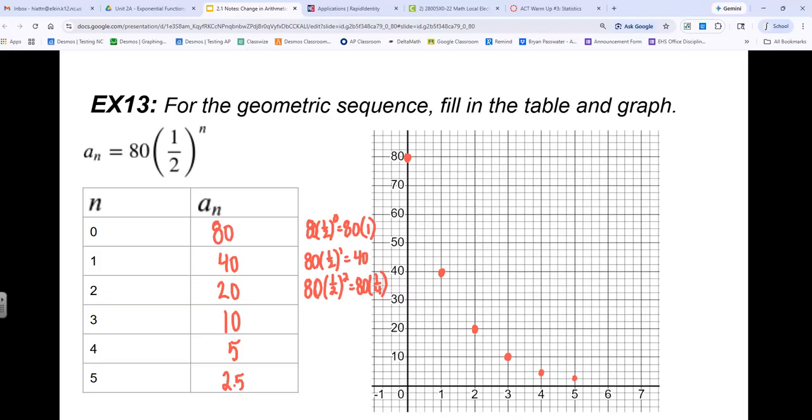And typically when we think of exponentials, we generally think about things that are increasing really rapidly. But in this case, we have exponential decay, which is also a very common occurrence. There are lots of things that behave in this way, and as we get into exponentials more, we'll talk about some of those applications.